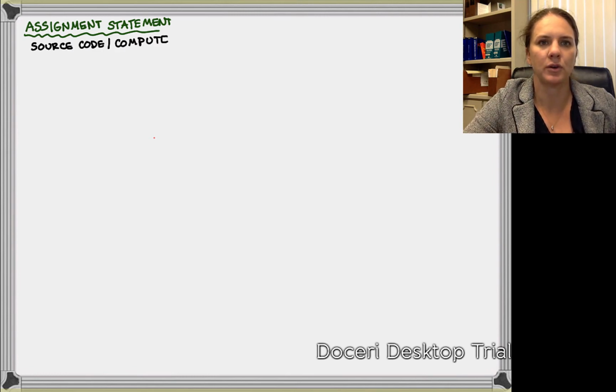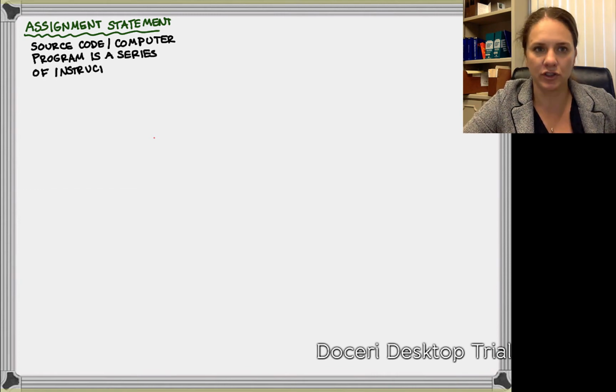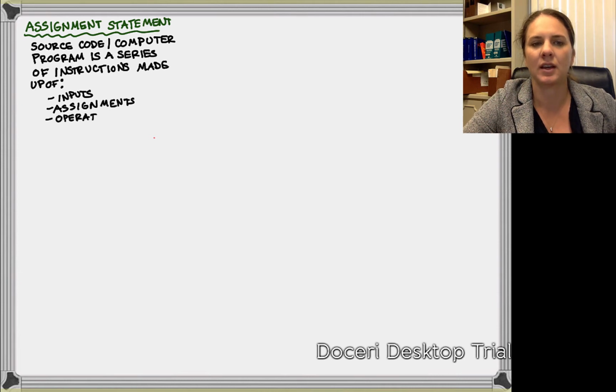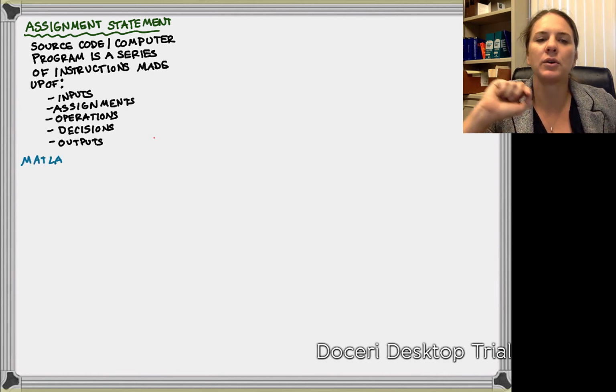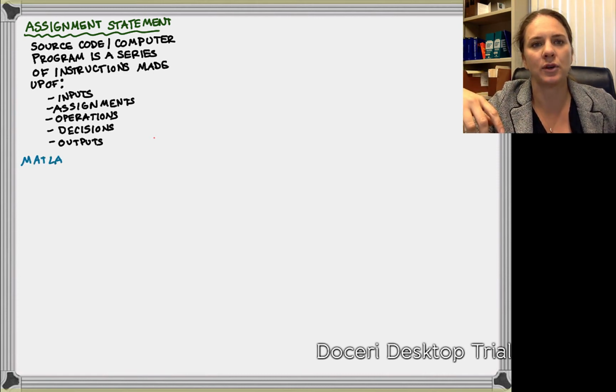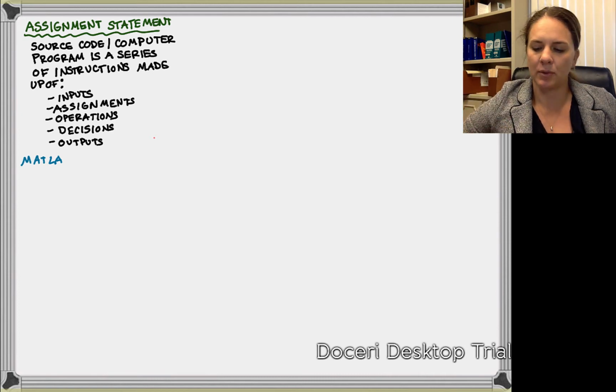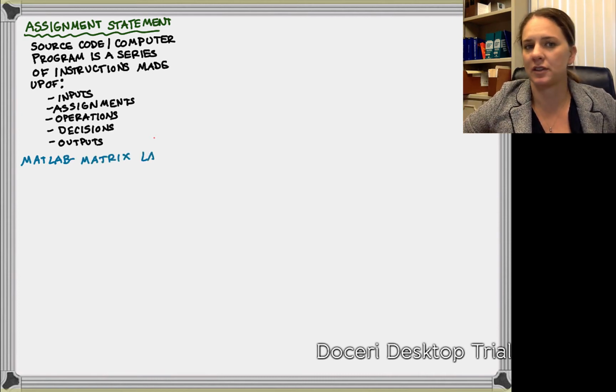So source code or computer programs is a series of instructions made up of inputs, assignment statements, operations, decisions, and outputs. And we are going to look at each of these throughout the quarter, but we are going to start by looking at, in particular, the assignment statements.